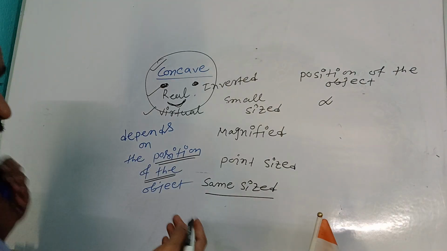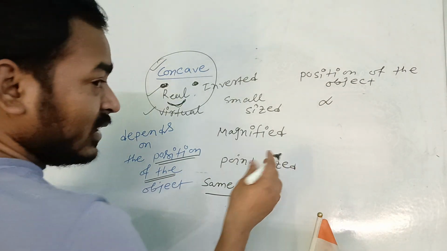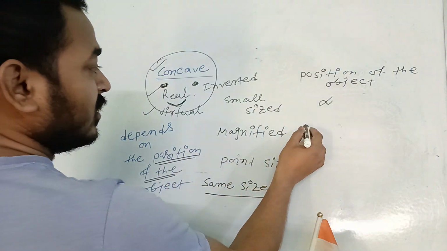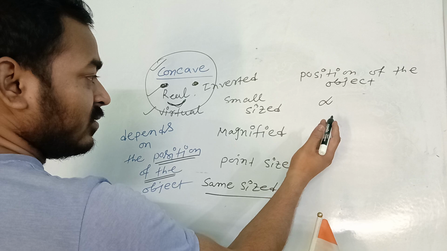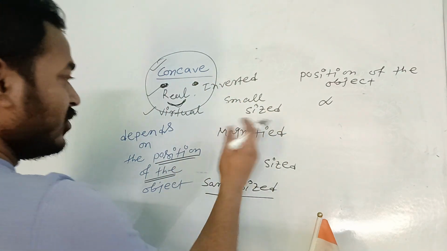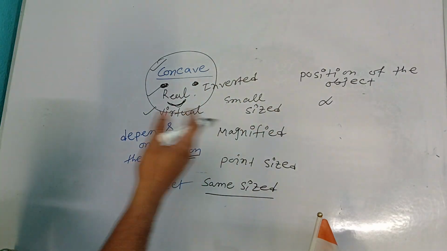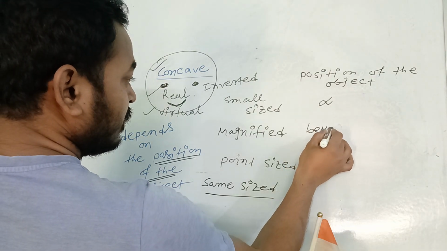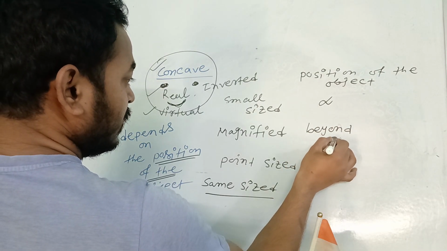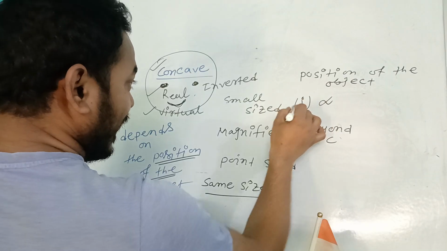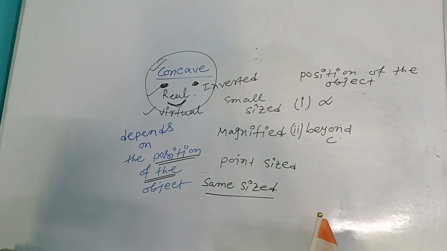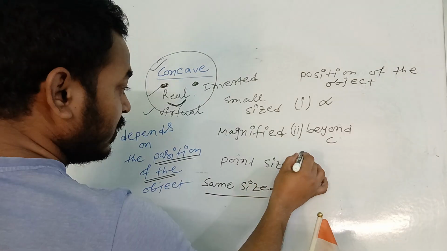Okay, next, when it is near about the center of curvature of the mirror, or a little farther behind C, then this is called beyond C. So number 1, at infinity, number 2, beyond C.